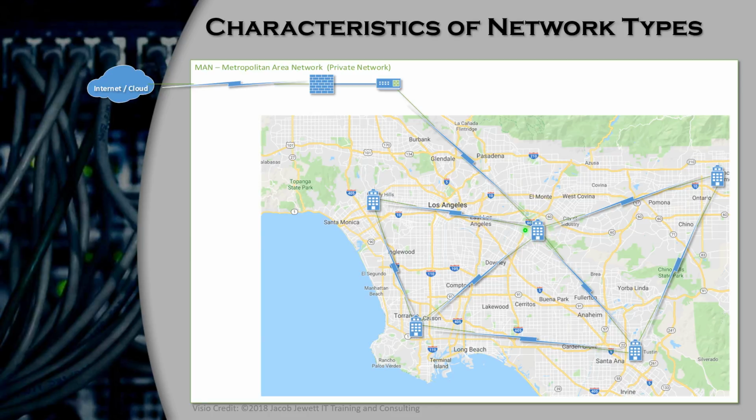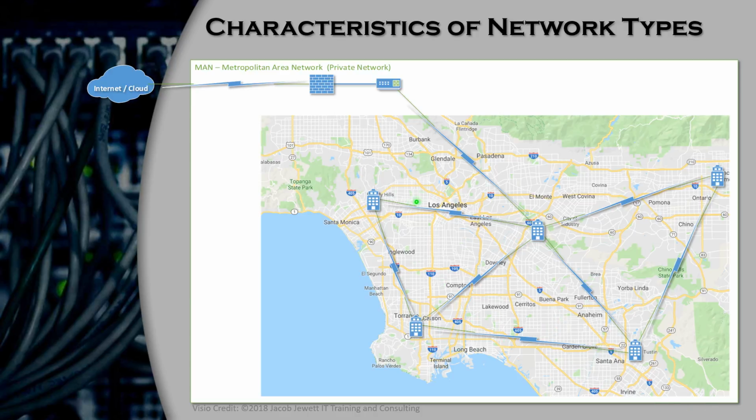The five buildings together would be considered a CAN, or a corporate or campus area network. And then when you have multiple locations within a geographical location, either a city, in this case the city of Los Angeles, or the county, which is kind of bigger than this.